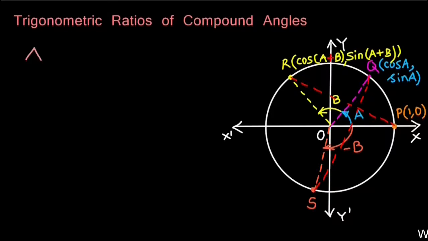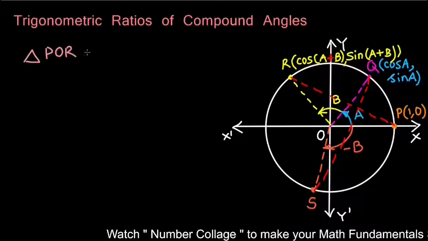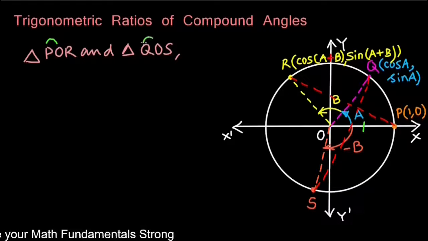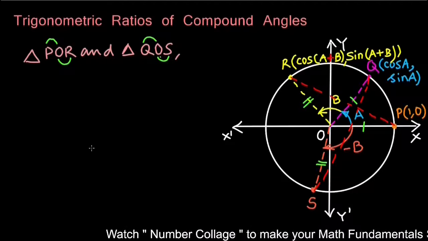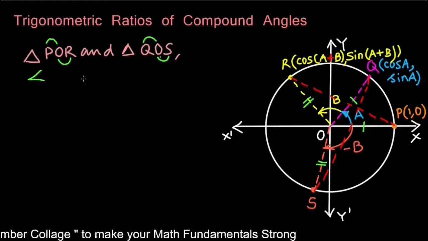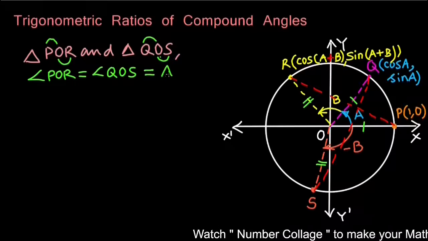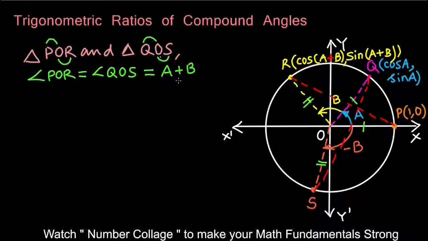Now we find that in triangle POR and triangle QOS, PO equals QO and OR equals OS and angle POR equals angle QOS whose magnitude is A plus B, which are compound angles.